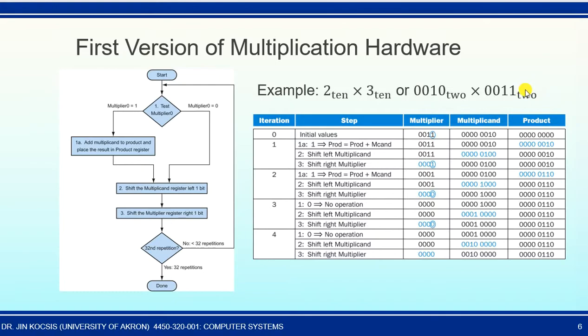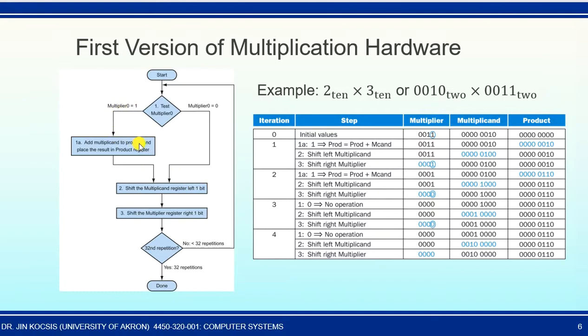So let's see how the first version works. Here is a flow chart. I think this is straightforward. Basically, beginning from the least significant bit of the multiplier, I see whether that least significant bit is 1 or 0. If it's 0, I will do nothing but just shift the multiplicand to the left by 1 bit.